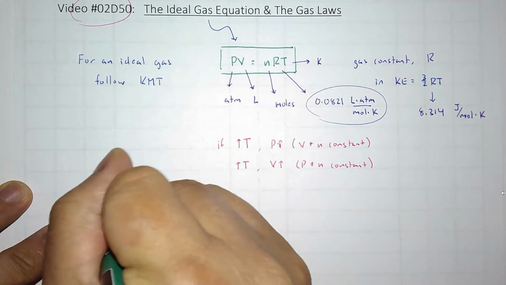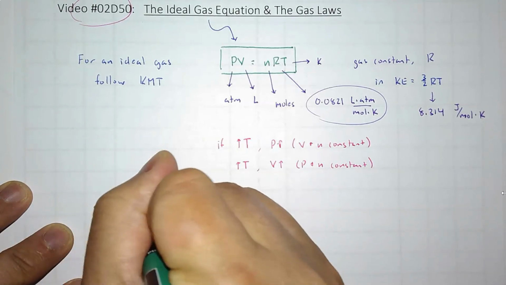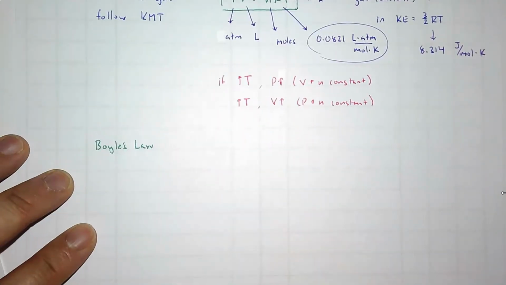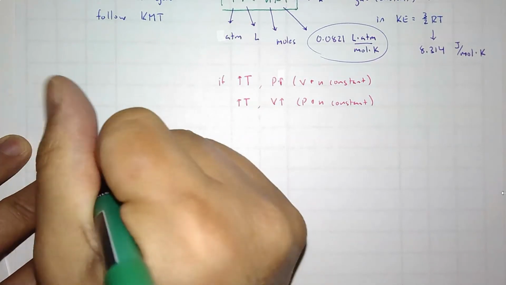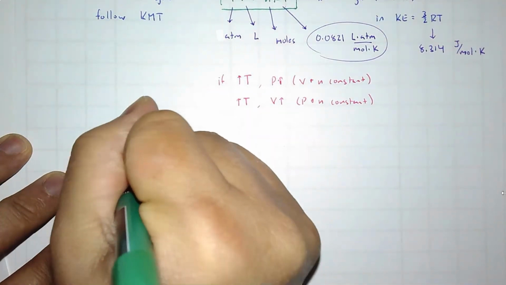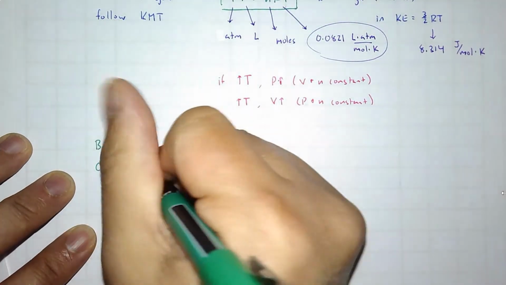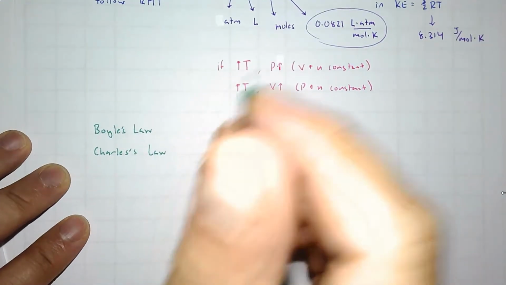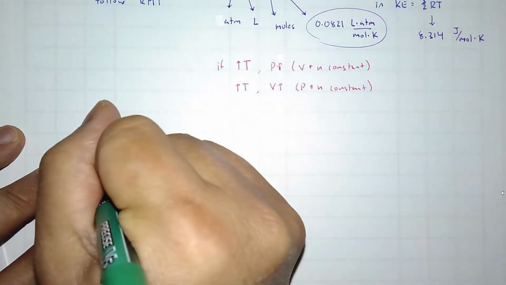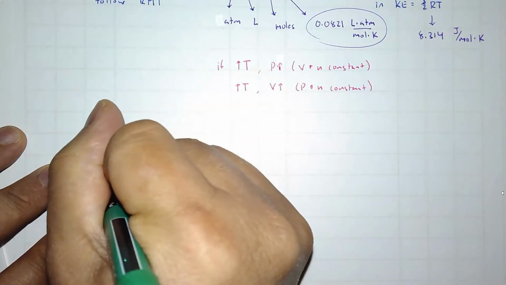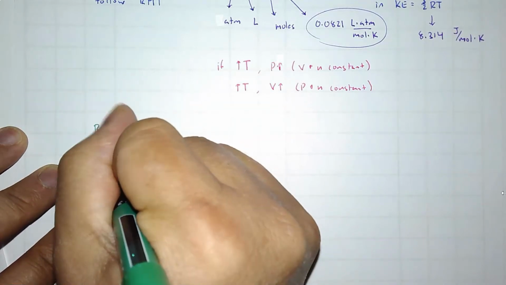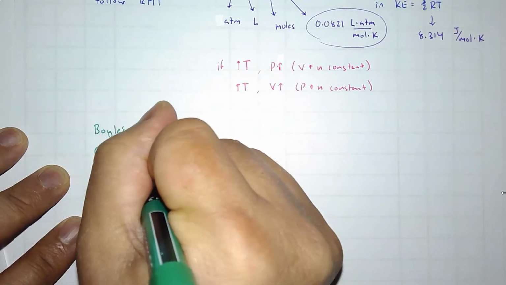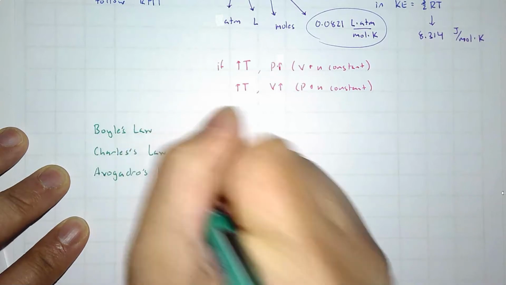There's going to be Boyle's law, and that's always taught first, followed by Charles' law. So Boyle's and Charles' are always taught together, and then, not as popular, but I'm going to show you Avogadro's law as well.